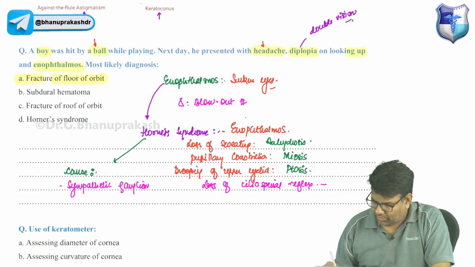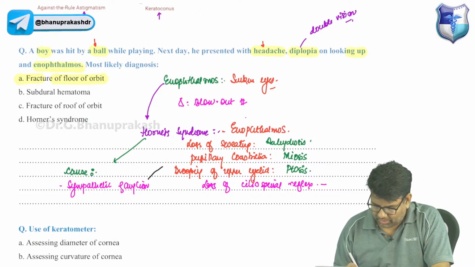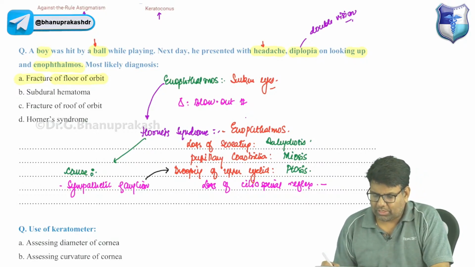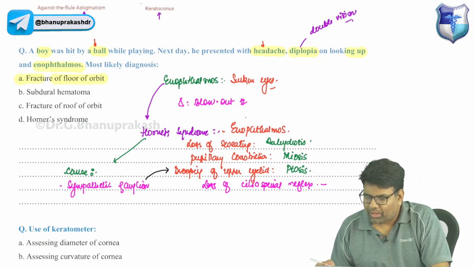Now, can anyone tell me why in sympathetic injury we are getting ptosis? Why we are getting ptosis in a case of sympathetic? Yes, pancreas tumor can be very well related to sympathetic.